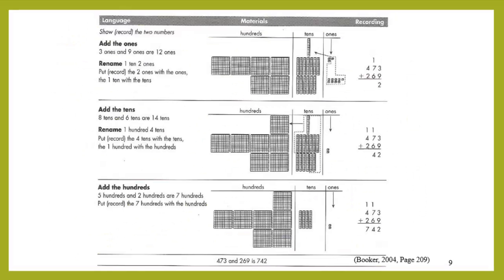You had 60 and 70 and another 10. So that is 14 tens, or 140. We'll put down the 4 in the tens place and carry the 100. In the hundreds column we now have 200, 400 and another 100 is 700. So 473 plus 269 equals 742.